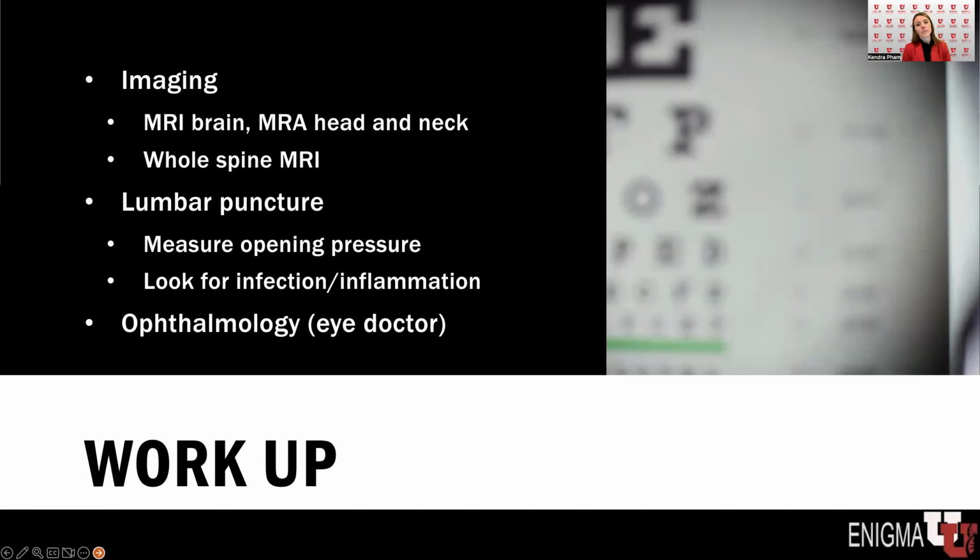This is where we insert a thin needle into the low back, and when we have found the spinal fluid, we measure the pressure, and then we collect some of that fluid and we can test it to see if there's any signs of infection or inflammation.